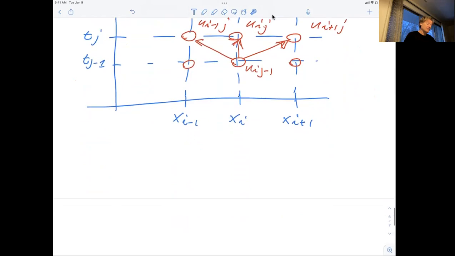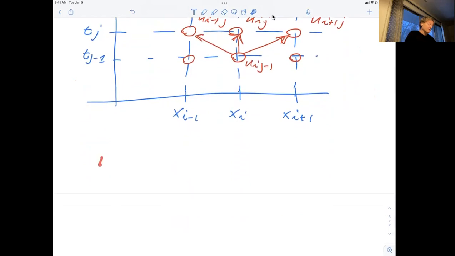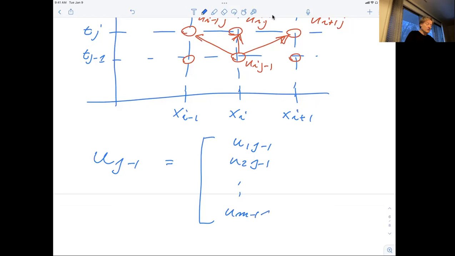So we would still define a vector, which is u of j minus 1. That will contain the quantities u of 1 of j minus 1, u of 2 of j minus 1, and all the way down to u of n minus 1 of j minus 1.